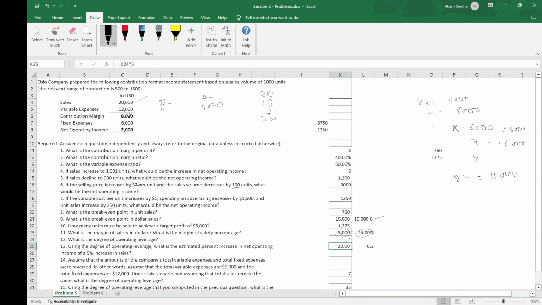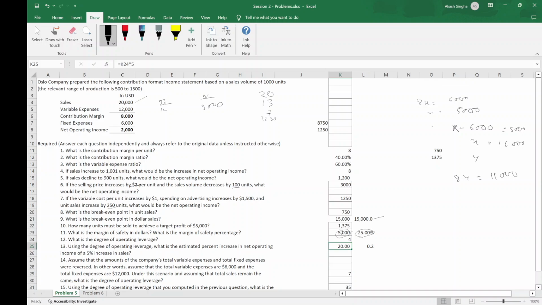Using the degree of operating leverage, what is the estimated percent increase in net operating income for a 5% increase in sales? So the easy formula is 5% into 4 equals 20%.